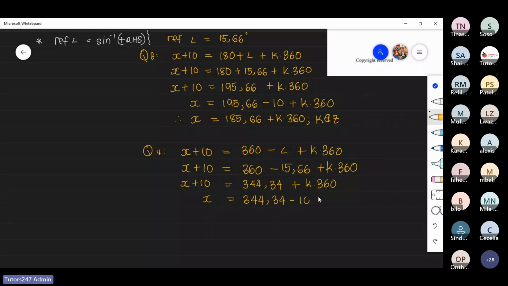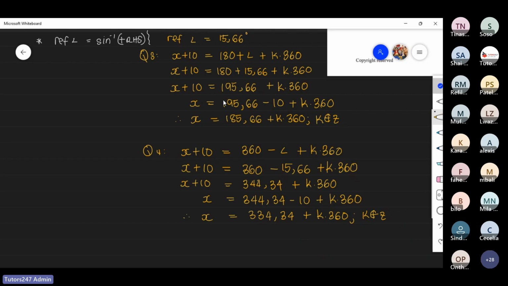So that is going to be minus 10 plus k times 360. From there, we can subtract 10, and that gives us 334,34 plus k times 360. Don't forget that because this is your final answer within the quadrant, you have to include k an element of integers. Now that is how we find the general solution for that particular question.